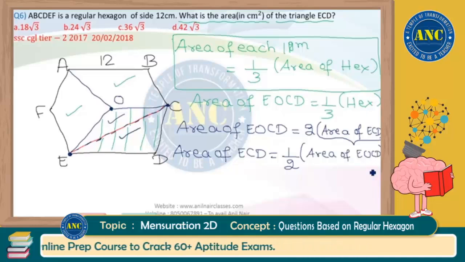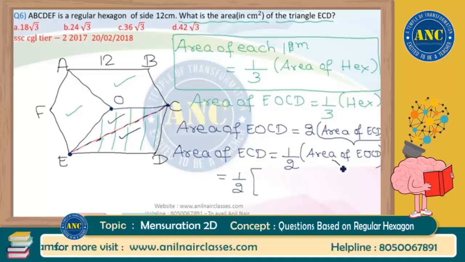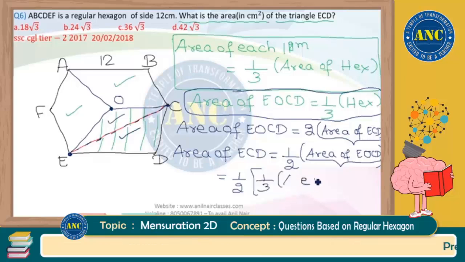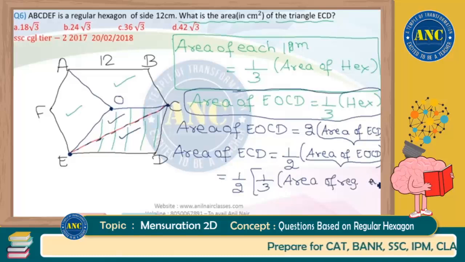And the area of parallelogram EOCD is 1/3 of the area of the regular hexagon.